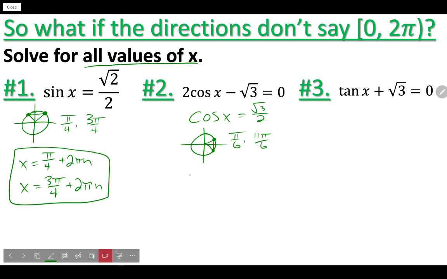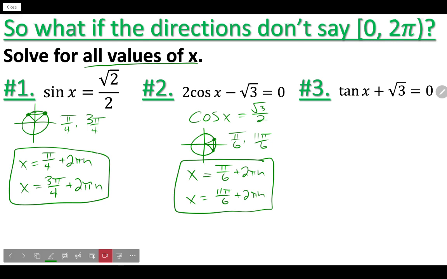And if I want to state those, giving me all solutions, all right, between 0 and 2 pi, I know those, stating all, pi over 6 plus 2 pi n, and 11 pi over 6 plus 2 pi n. So with these, not a whole lot changing. I'm just restating it as that plus 2 pi n when we have cosine and sine.